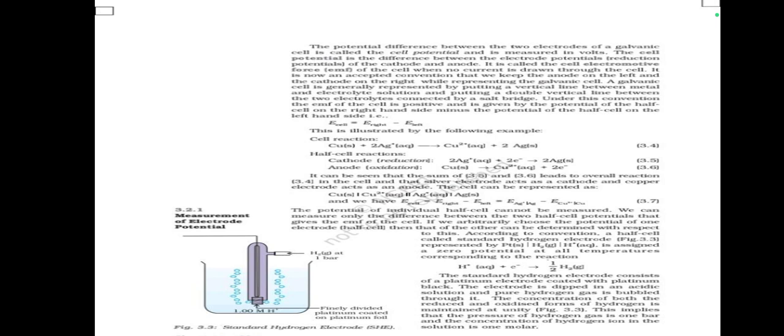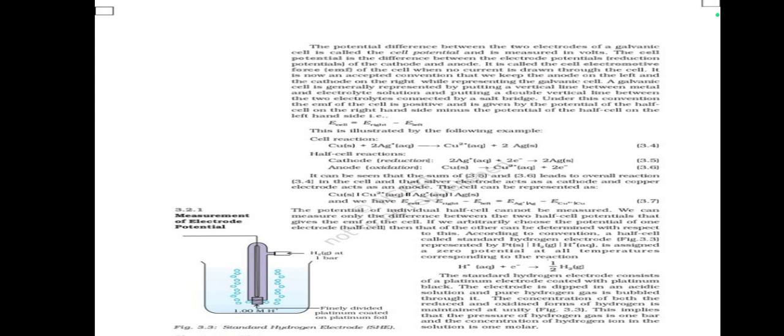Now, it is an accepted convention that we keep the anode on the left and the cathode on the right. While representing the galvanic cell, it is generally represented by putting a vertical line between metal and electrolytic solution, and putting a double vertical line between the two electrolytes connected by a salt bridge.